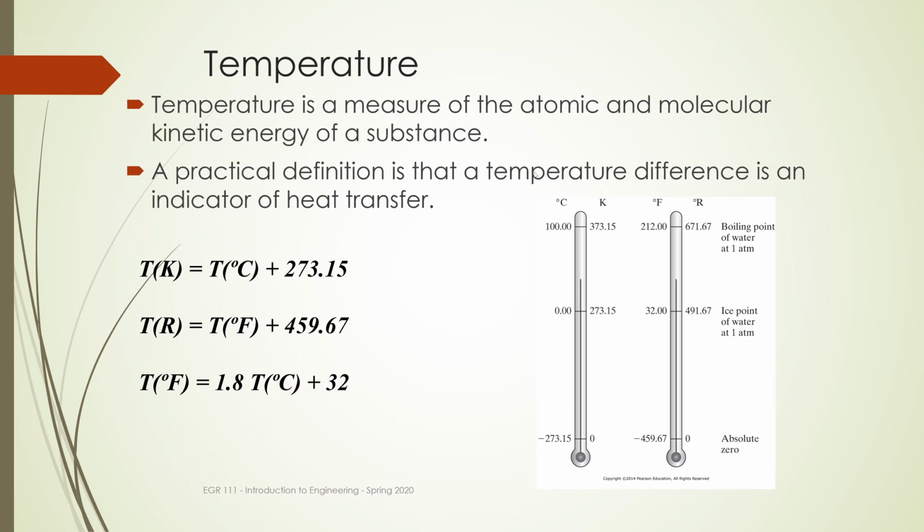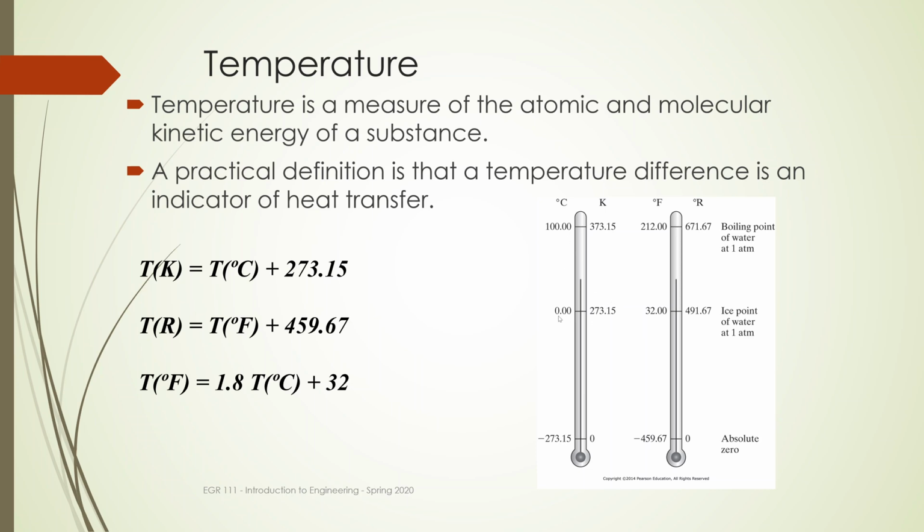So temperature. When you think about temperature, you're really just thinking about the motion of the molecules of the actual substance, so you can think of it as its kinetic energy. We have different temperature scales: Kelvin, Rankine, Fahrenheit, Celsius. It's really just a matter of what they're related to, or what their reference point is.